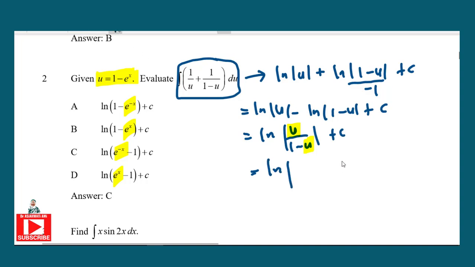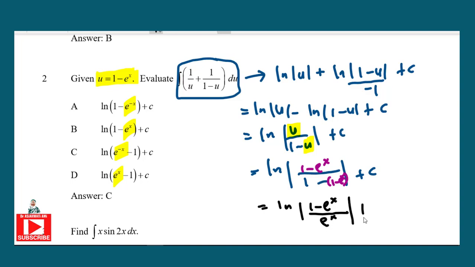So u is equal to 1 minus e^x. Simplify: ln of 1 minus e^x over 1 minus 1, which is 0, negative e^x, plus c.